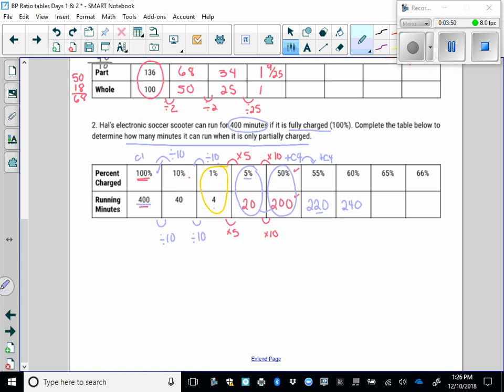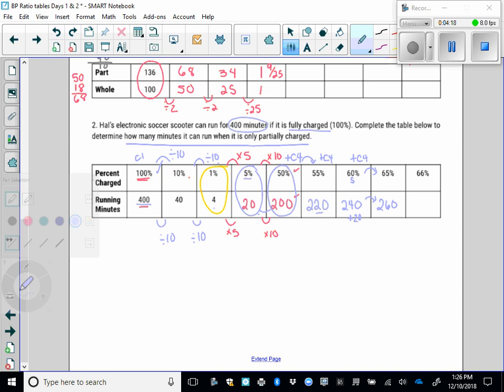And I can just keep adding column 4 to the new column to go up by 5%. And every time I add a column 4, I add 20 minutes and I add 5%. And that's how I get these numbers here. 260 minutes. And if I want to get to 66%, I'm going to add column 3.